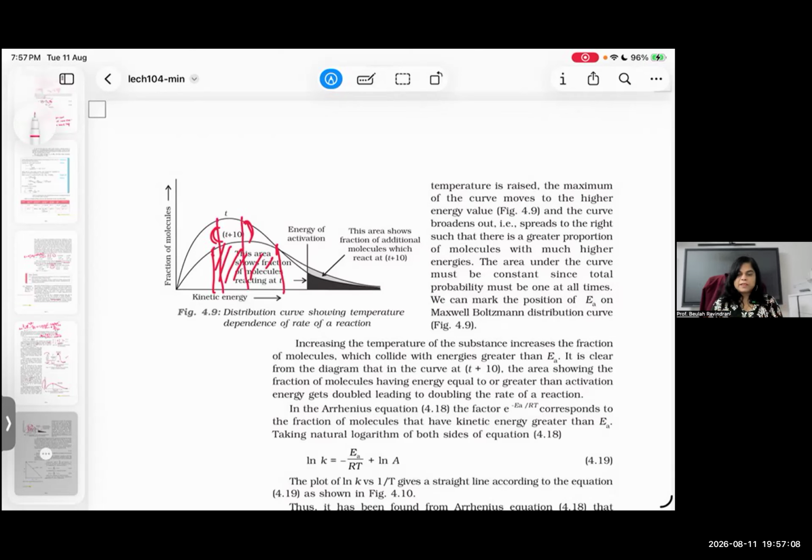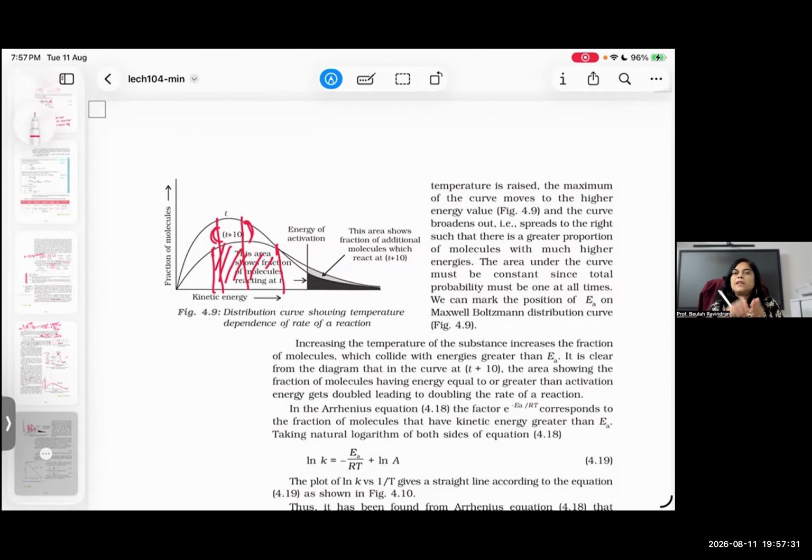If the temperature increases, then the kinetic energy increases. That's what they are saying. It spreads to the right such that there is a greater proportion of molecules. See, they are looking at the kinetic energy increasing, but their perception is something different. Their perception is the distribution of molecules.